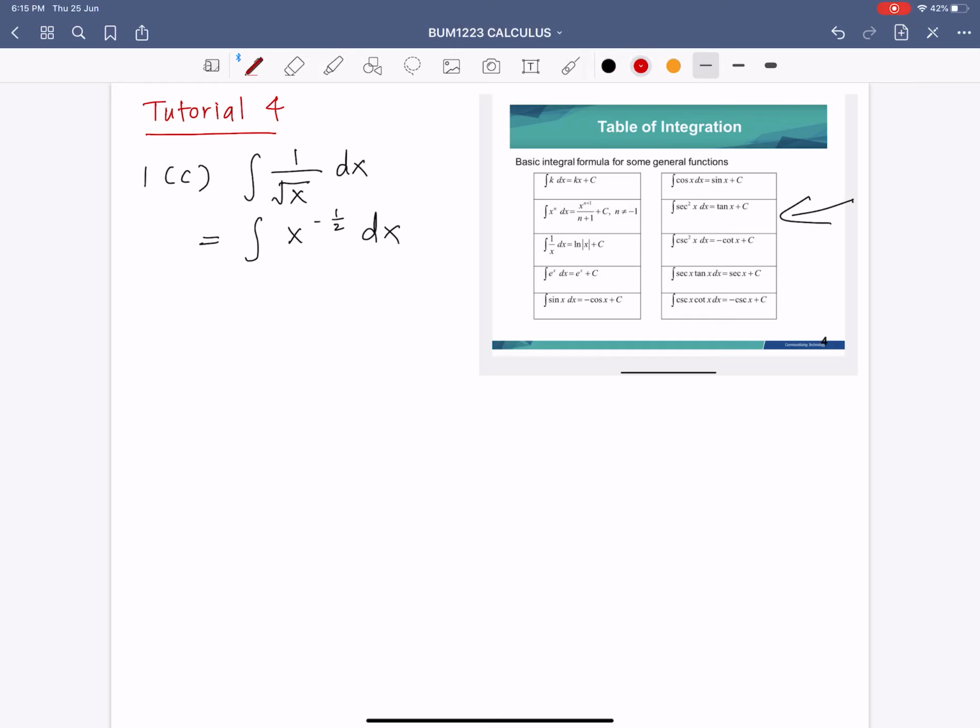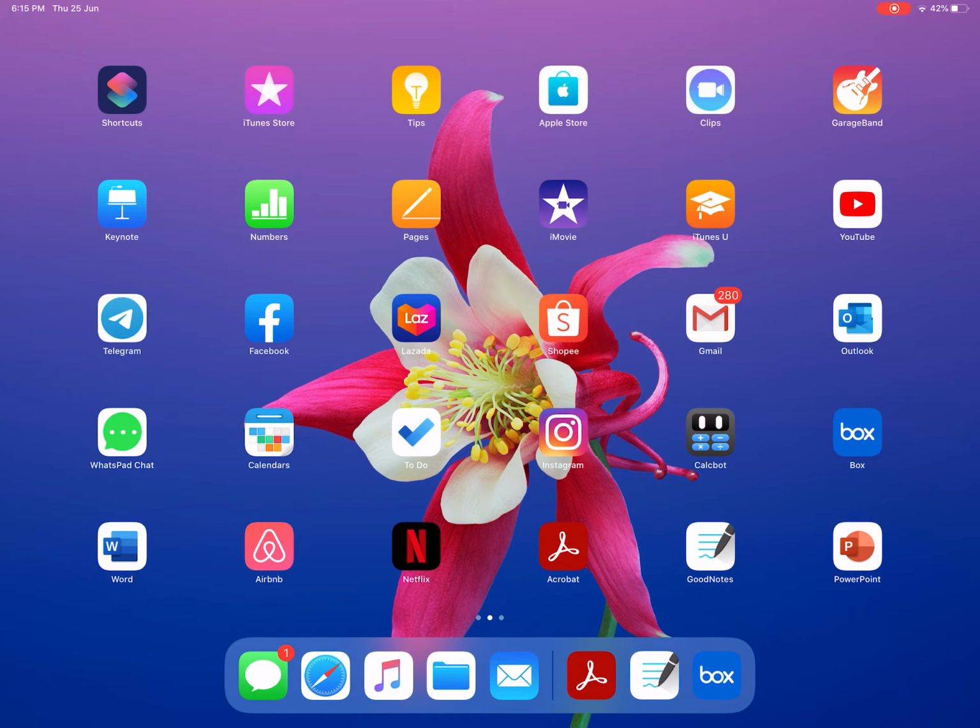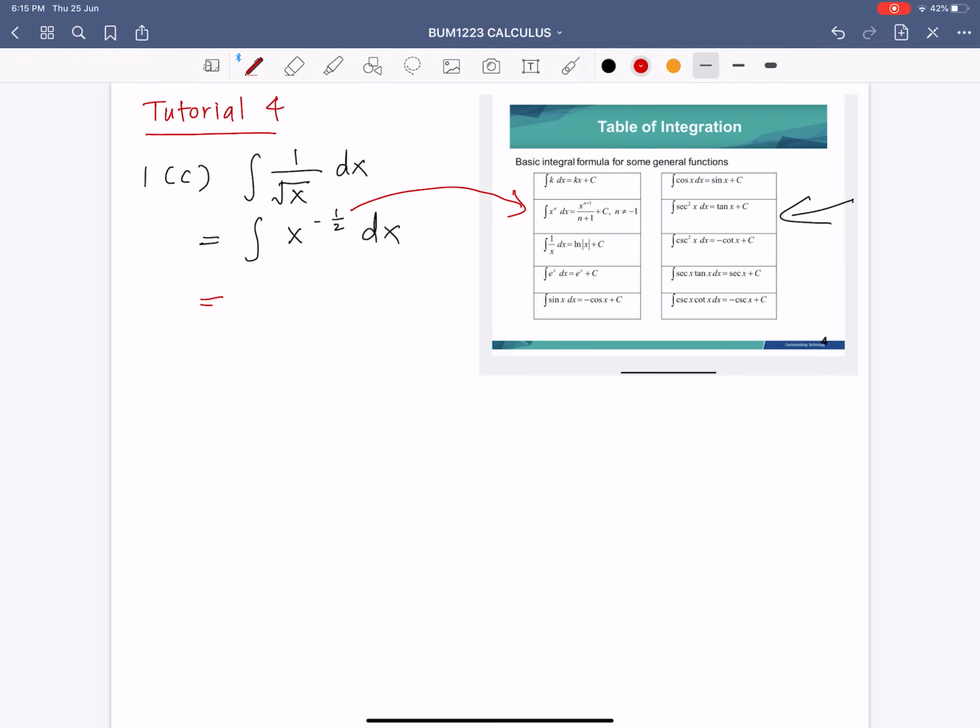And clearly this is in the form of integration of x power of n, where n in this case is negative 1 over 2. Therefore, it is equal to x power of negative 1 over 2 plus 1, over negative 1 over 2 plus 1, plus c, which is equal to x power of 1 over 2 over 1 over 2 plus c.